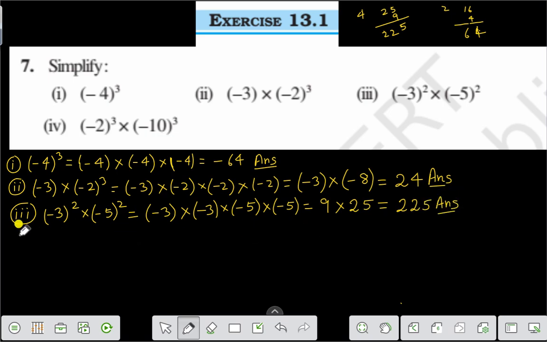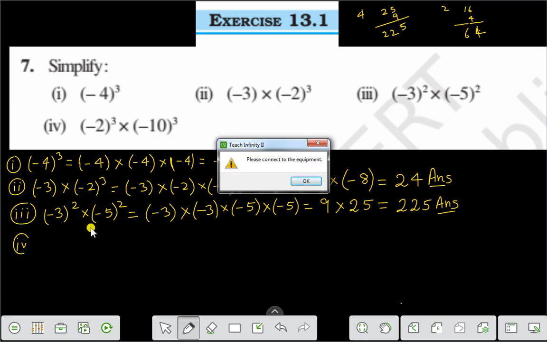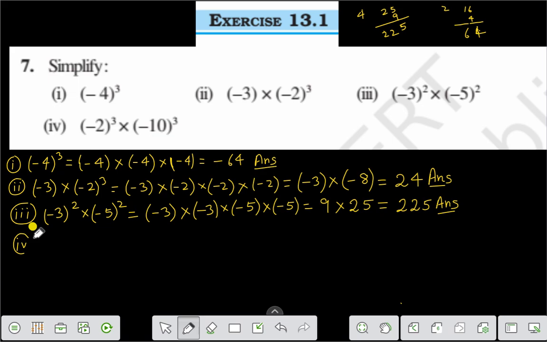Now question number 4. Question number 4 is minus 2 to the power 3 into minus 10 to the power 3.